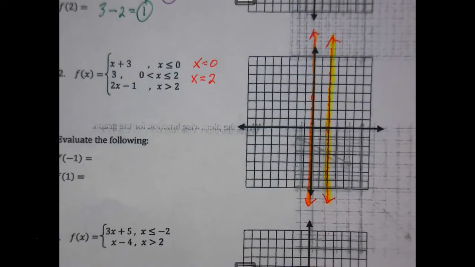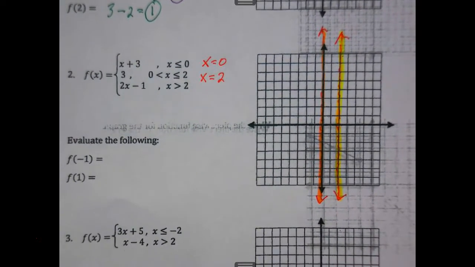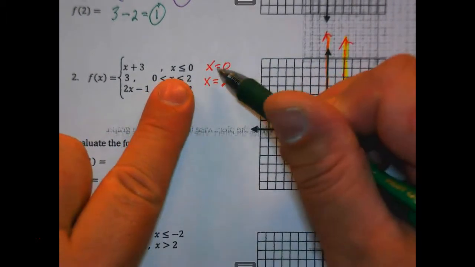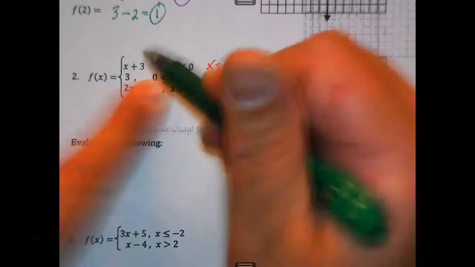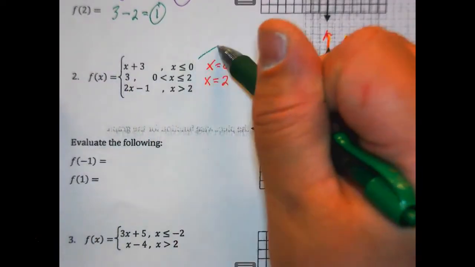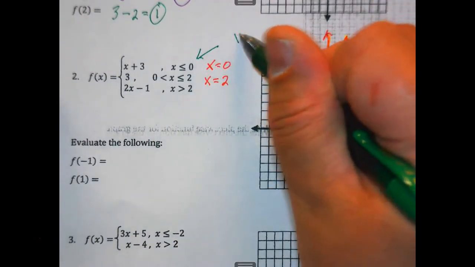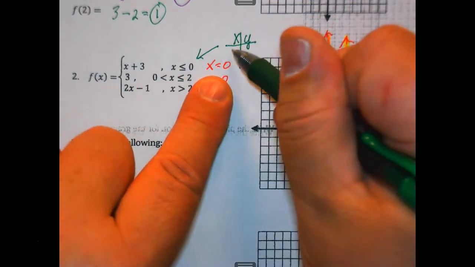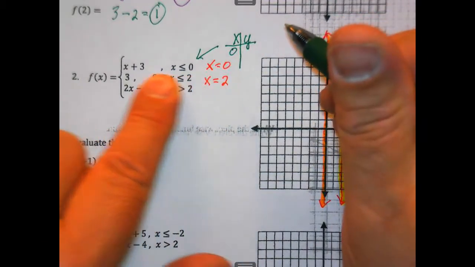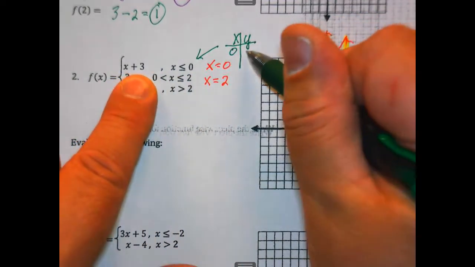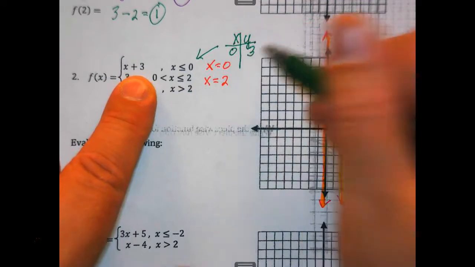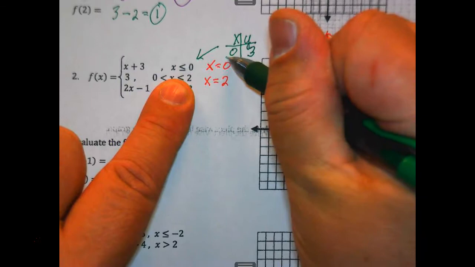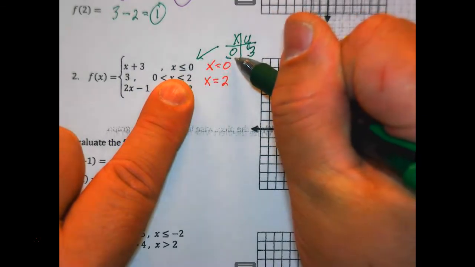All right. We got to make some t-charts, right? For the first one, I'm going to make a t-chart, X, Y. I'm going to use the 0 for X. 0 plus 3 is 3. I need a smaller number than 0. I'm going to spread it out just a little bit and use negative 2.